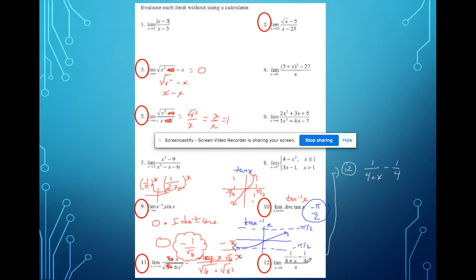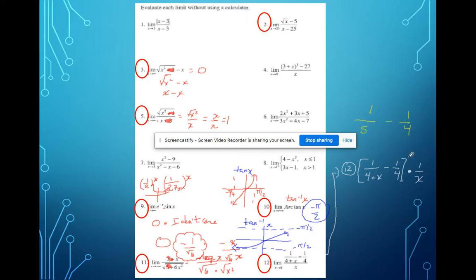Remember, division is the same as multiplication by the reciprocal, right? Division by x is the same as multiplication of 1 over x. Now I'm going to get a common denominator here. What's my common denominator? Well, imagine that you had 1 over 5 minus 1/4.